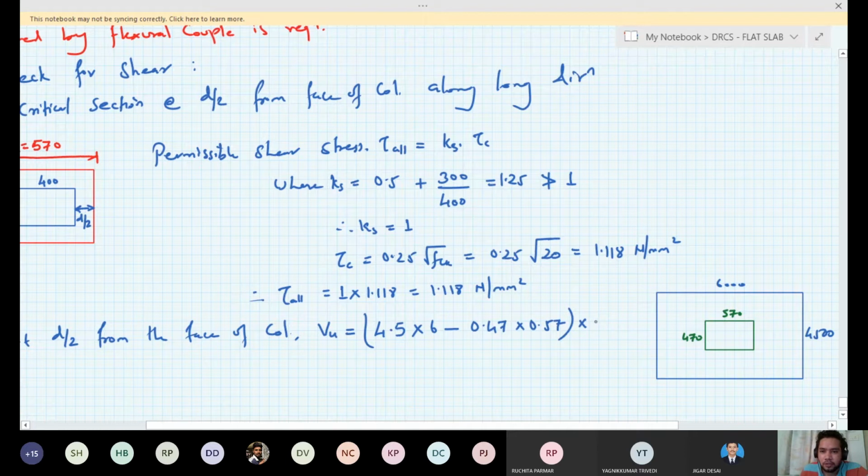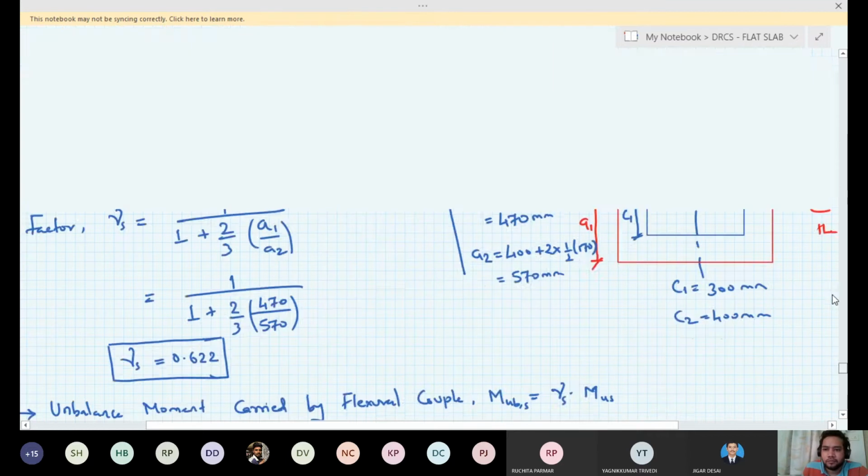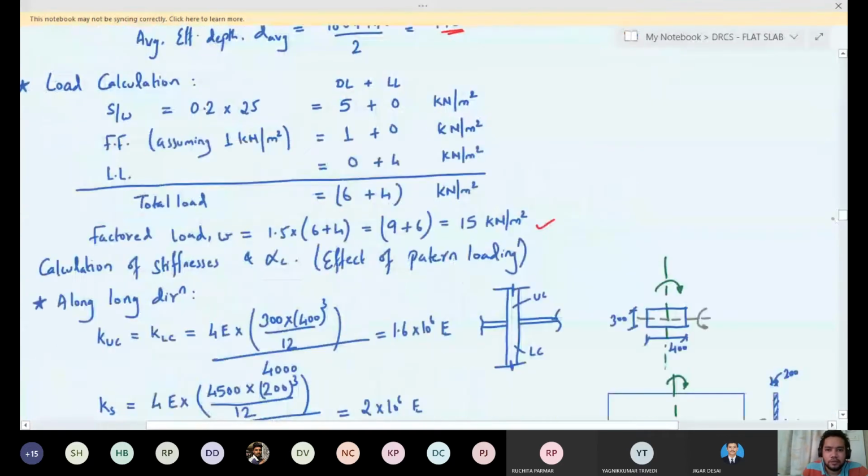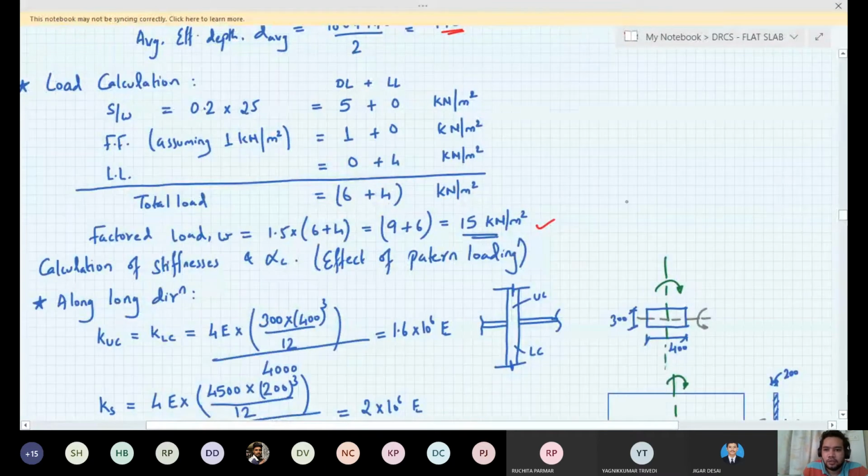And this is to be multiplied with the load. Total load is 15 kilonewton per meter square, the total area load on the panel.